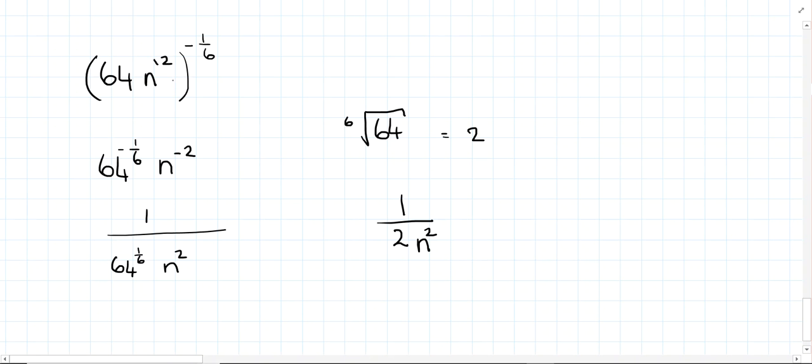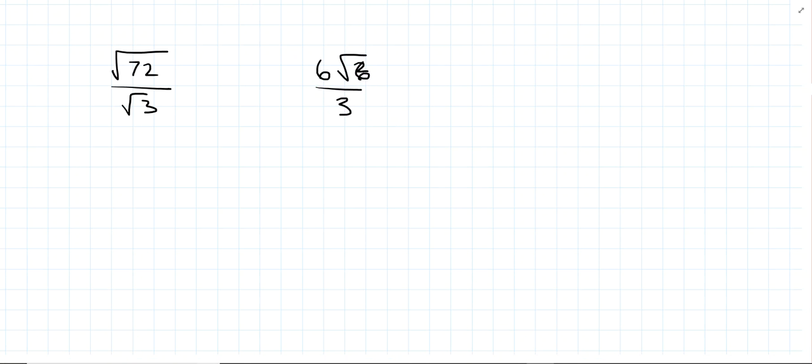Can we do 20? 17 was generally okay, but some people ended up with a final answer. So let's just say 72 over root 3 ended up as 6 root 6 over 3. Yep, it's a correct interpretation, but it's not simplified enough.